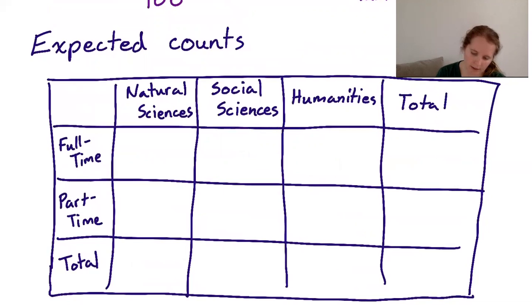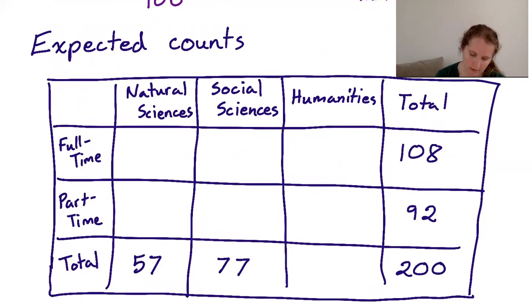Our totals will be the same. So we had 108 full-time, 92 part-time, 200 students in all. We had 57 natural sciences, 77 social sciences, and 66 humanities. Now we'll go ahead and put those numbers in.